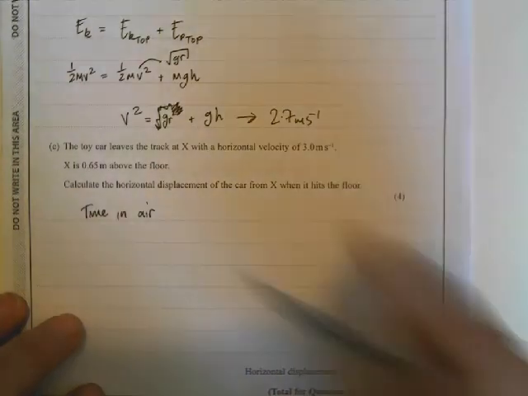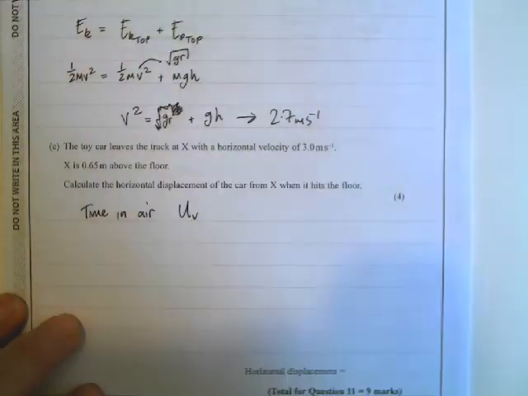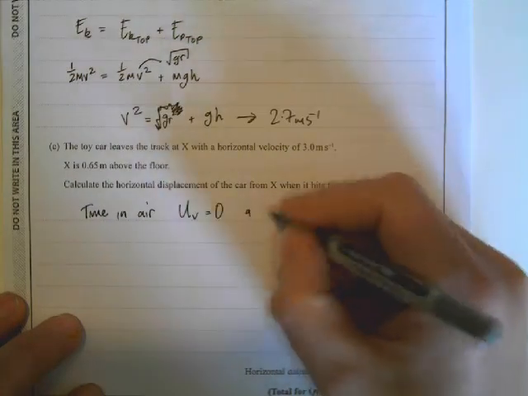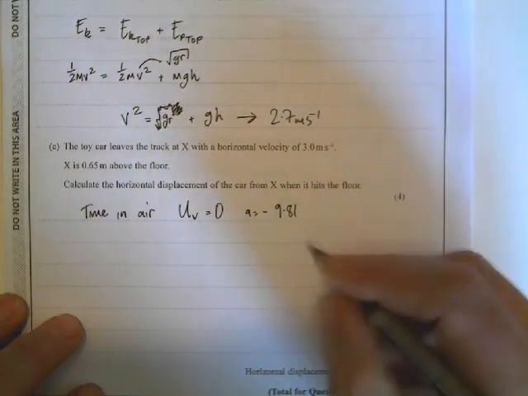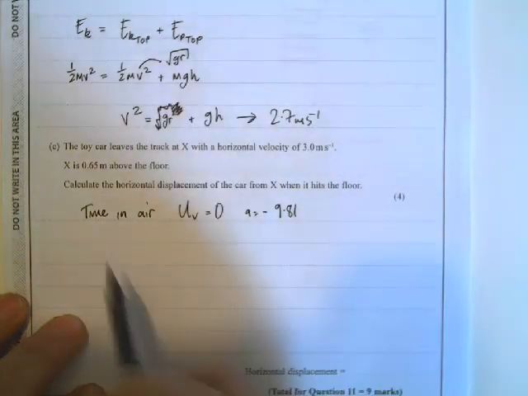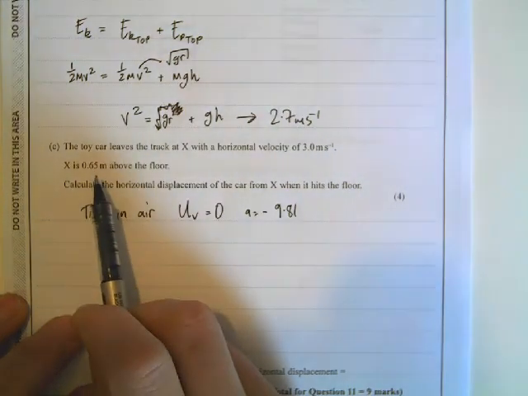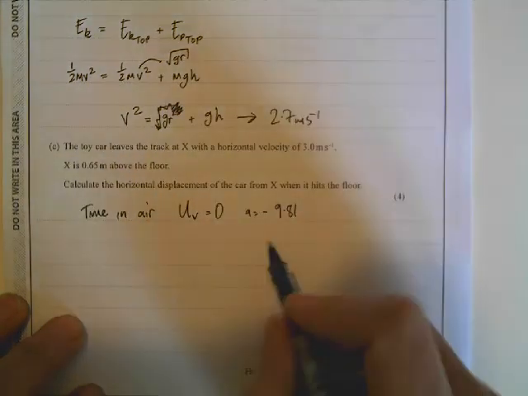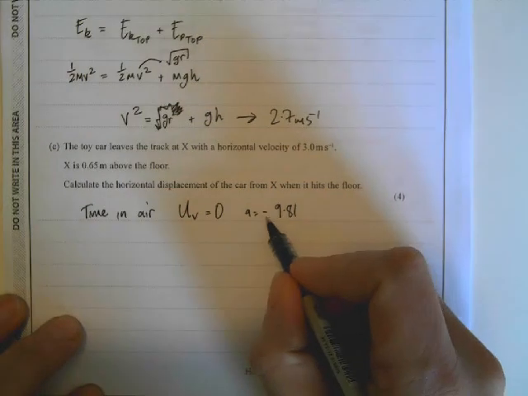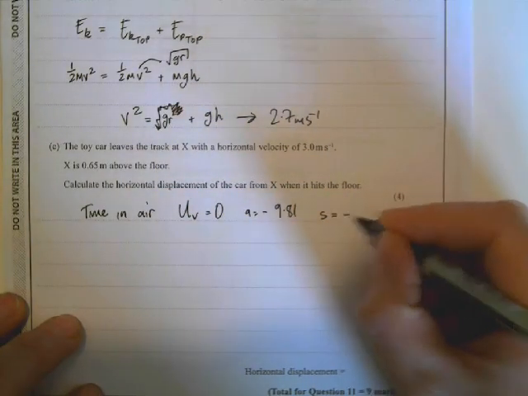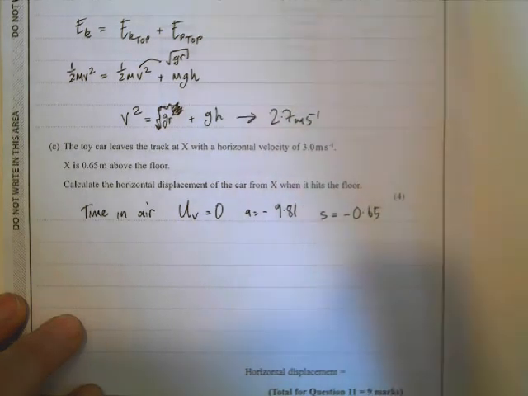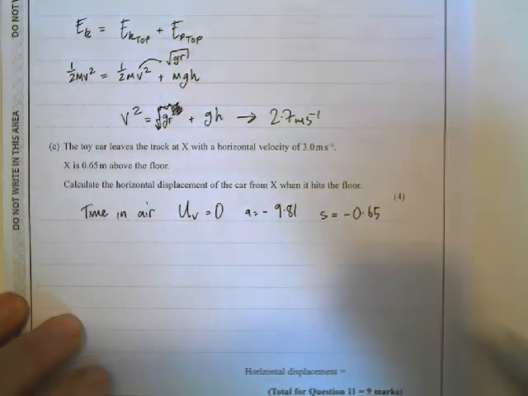And that's basically the time for something to drop with an initial vertical velocity of 0, with an acceleration of minus 9.81, and the displacement, it's falling 0.65 meters. So just for consistency, if I've set the acceleration negative, I'm going to set the displacement as minus 0.65.